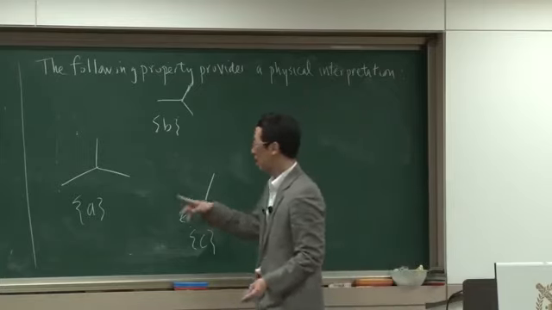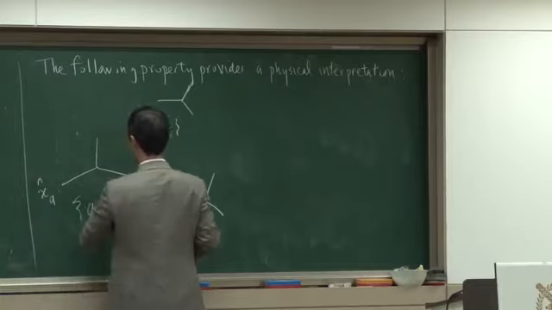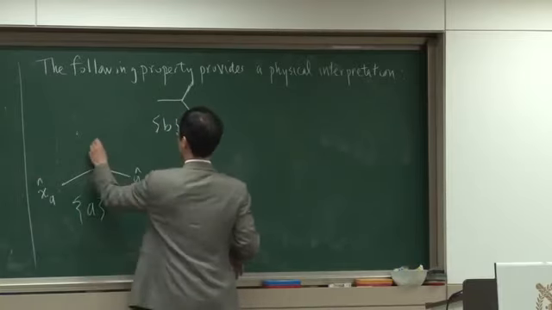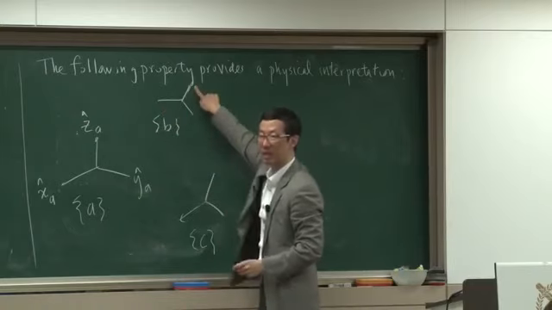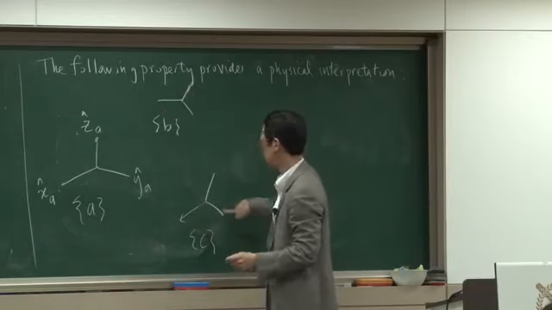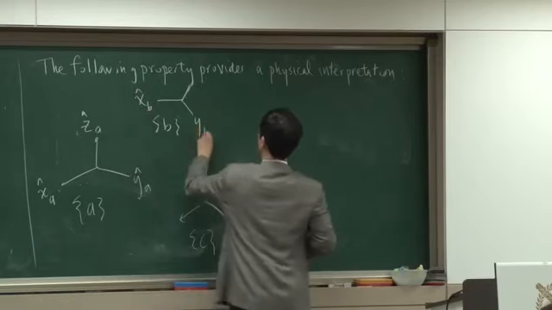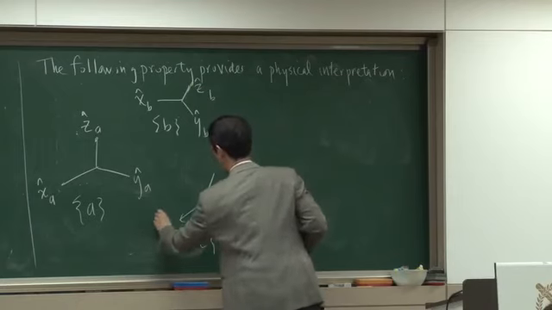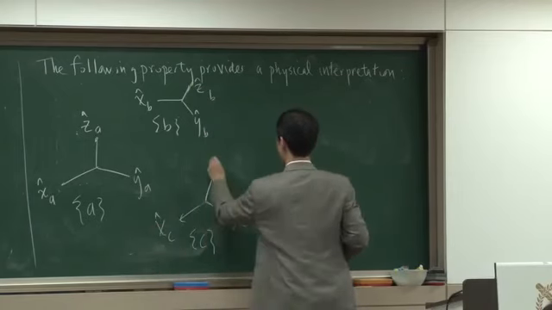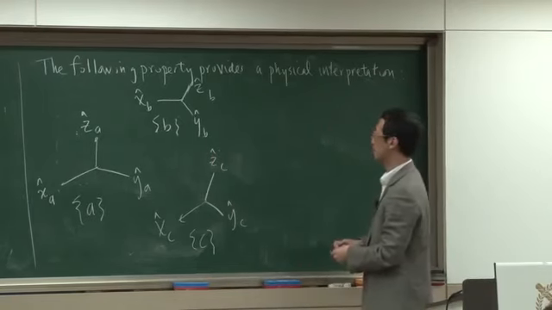Let me label the unit vectors XA, YA, and ZA. Same thing for B, XB, YB, ZB, and XC, YC, ZC.